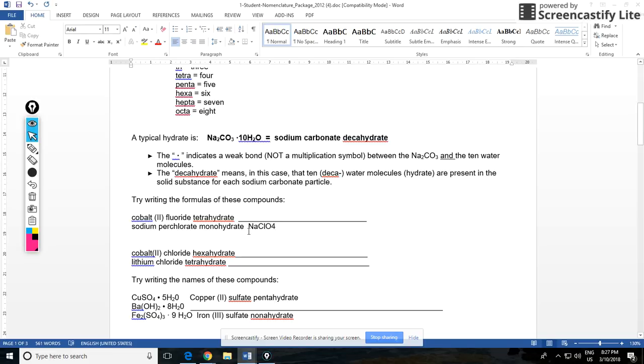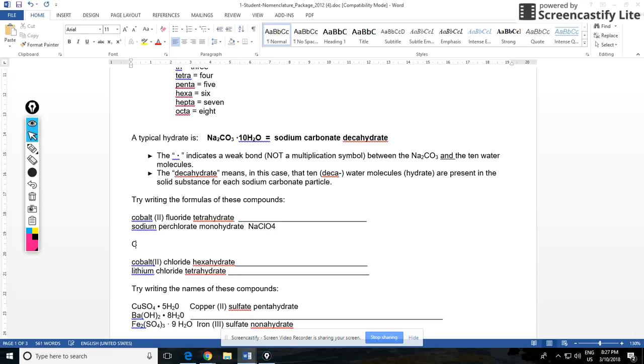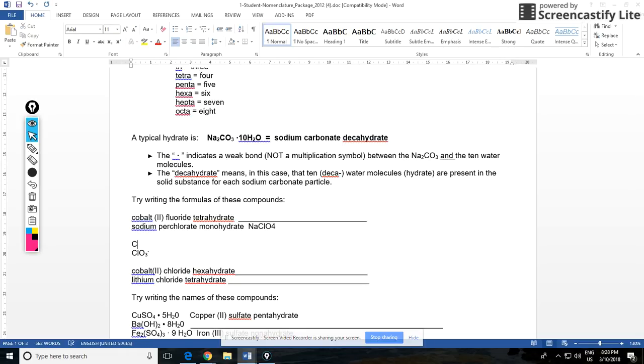And the reason I know that is because regular chlorate was ClO3 minus. And so if the regular chlorate is ClO3 minus, I'm doing the per version, which is 1 oxygen above. So it's ClO4 minus. You don't change the charge, but you change the number of oxygens. So this is the perchlorate, and we had sodium, which is a charge of +1.